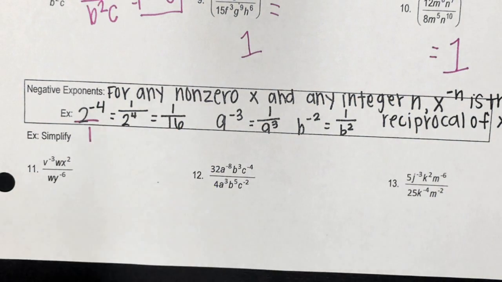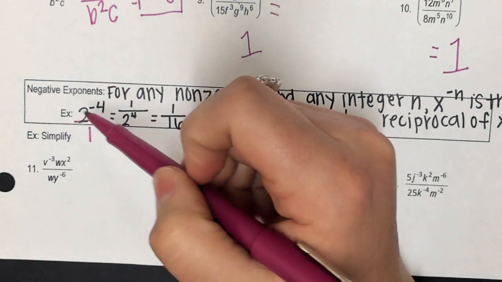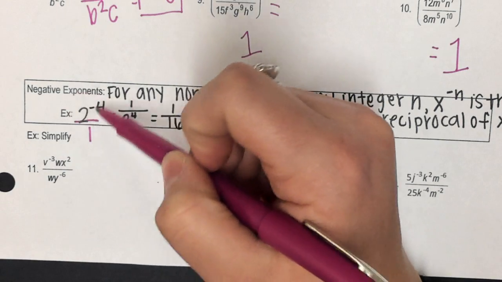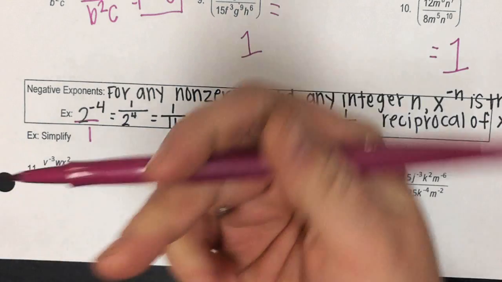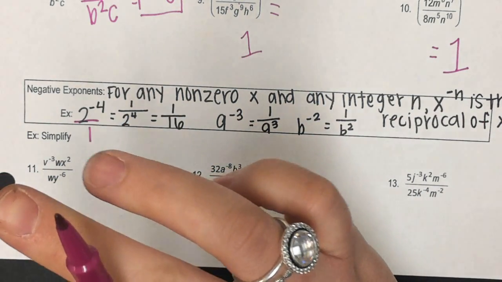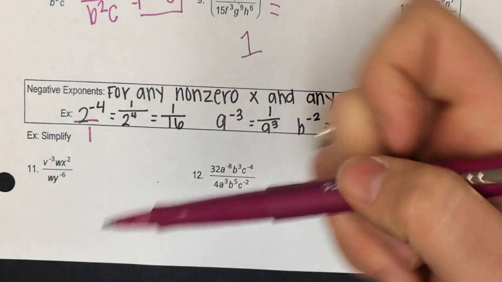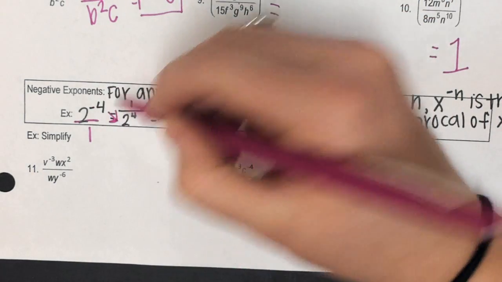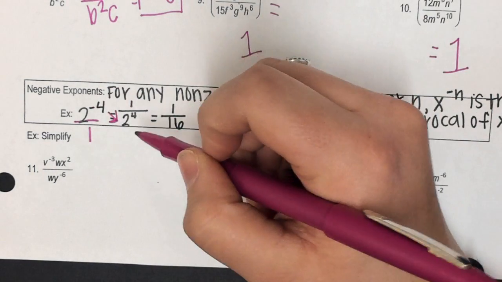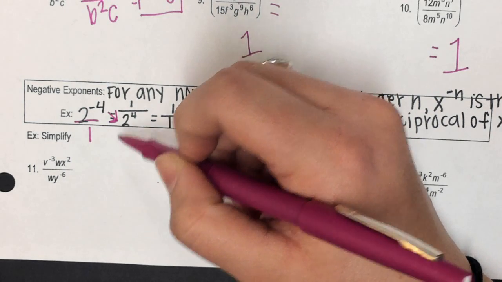Anything over 1 means the same thing. Well, if I want to get rid of this negative exponent, all I have to do is take the reciprocal. Reciprocal means you flip the fraction. So to get rid of this negative exponent, it has to go to the bottom. If I flip it to the bottom, it becomes positive.